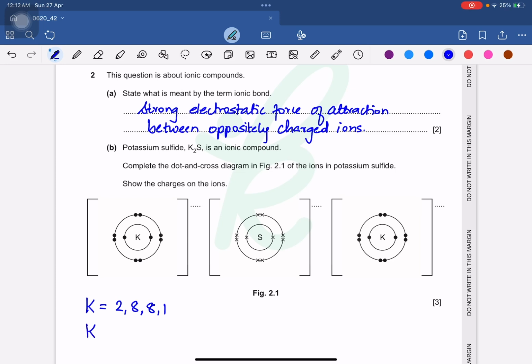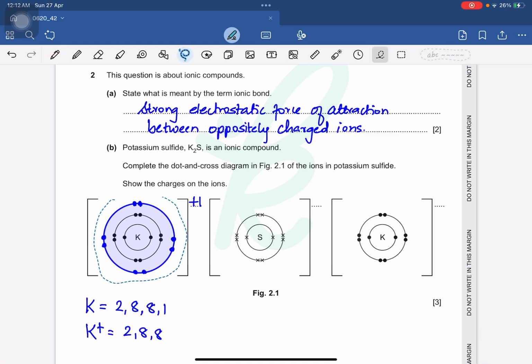Whereas potassium ion will be K+ with an electronic configuration of 2, 8, 8. So here potassium will get a charge of plus 1 with one less outer shell electron, having 8 electrons. This will be repeated for the other potassium also.